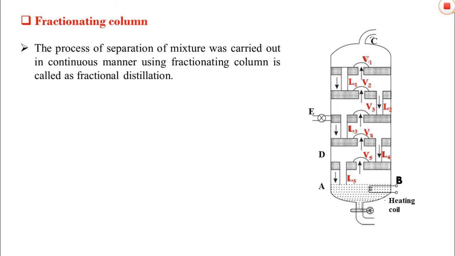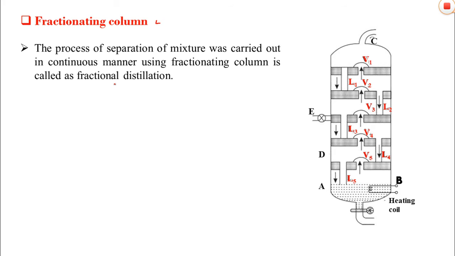The last concept of today's lecture is the fractionating column. When the separation of two miscible components from their mixture by distillation was performed by repeated distillations and condensations in a continuous manner, it was a very complicated and tedious process.